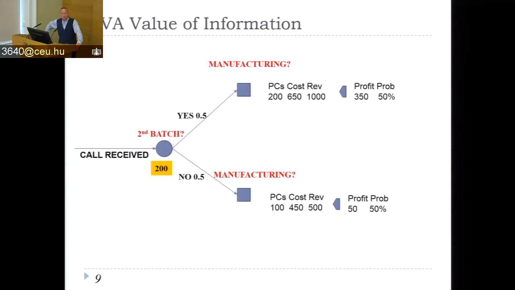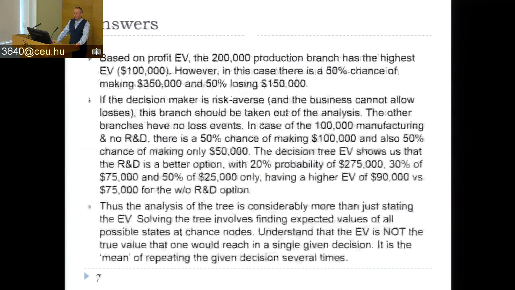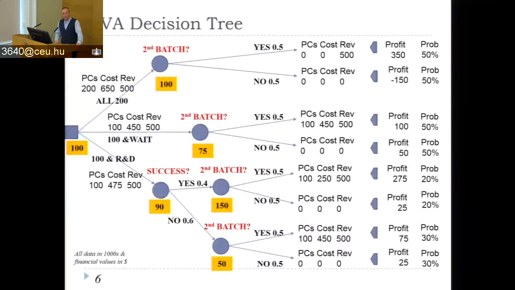This means that if I multiply 350 by 50%, add 50 times 50%, the value of this is 200. The formal definition is that the value of the information, whether Boston Dynamics will or will not have the second batch, is the difference between the values of the two decision trees. The first decision tree gave me 100,000.